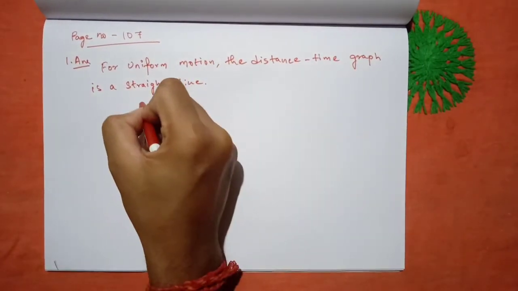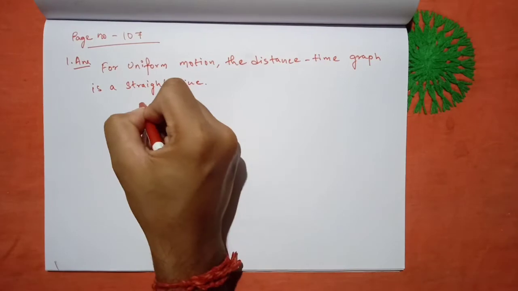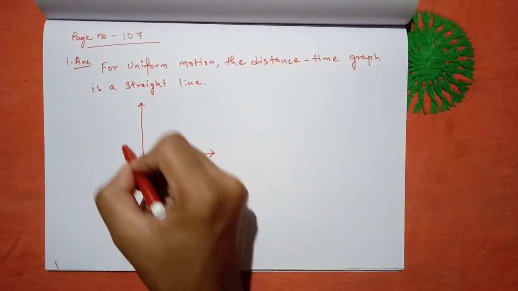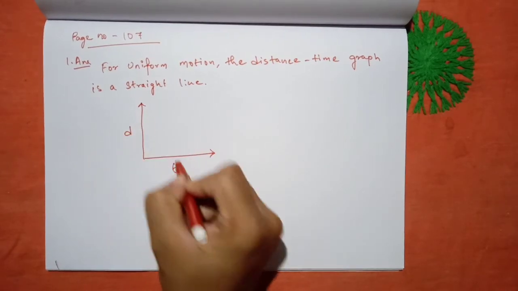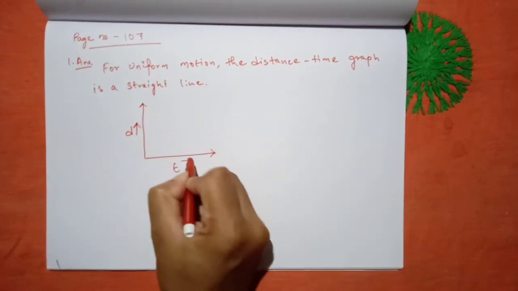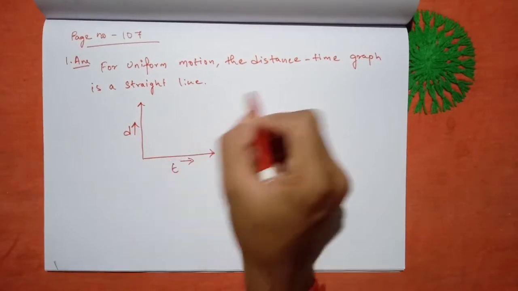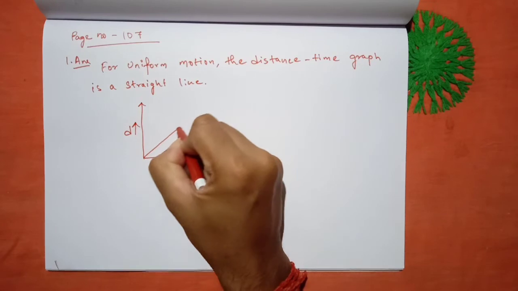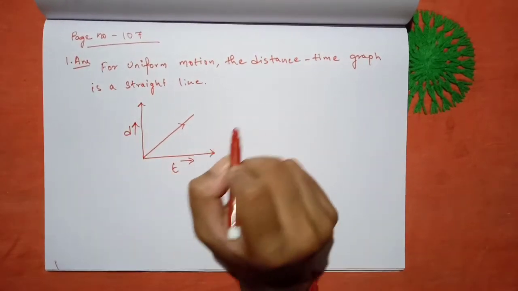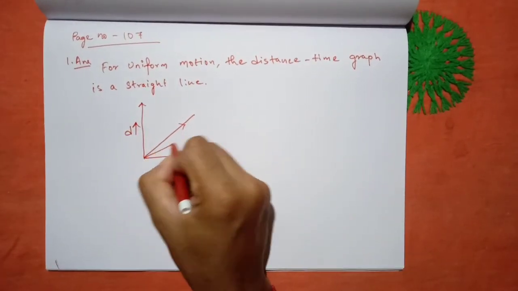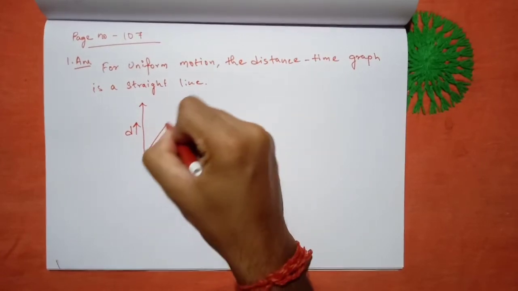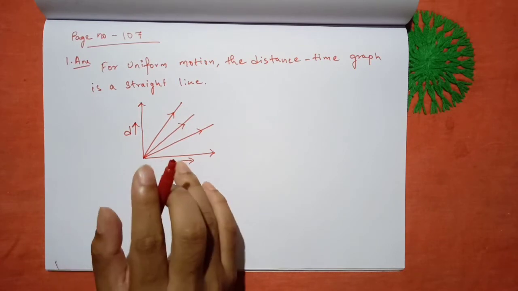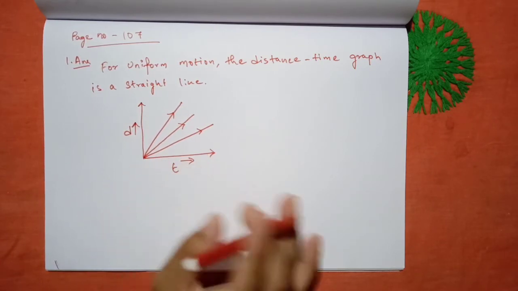Okay, always remember that the distance time graph of a uniform motion, this is the distance, this is the time. The distance time graph of a uniform motion is always a straight line. Okay, it can be in this manner, it can be in this manner, but always remember the distance time graph of a uniform motion is always a straight line.